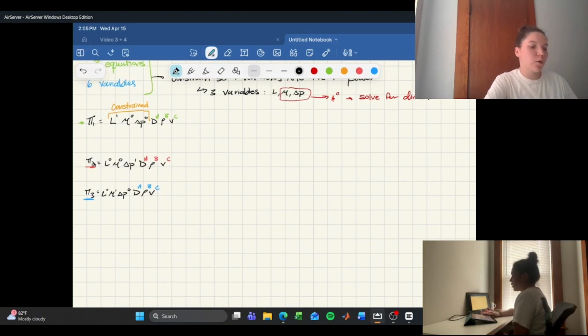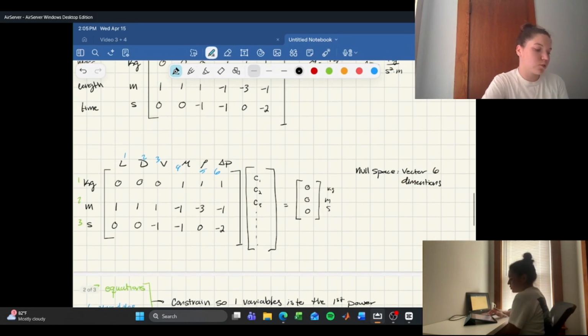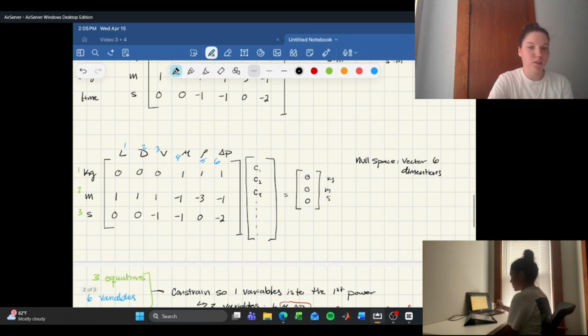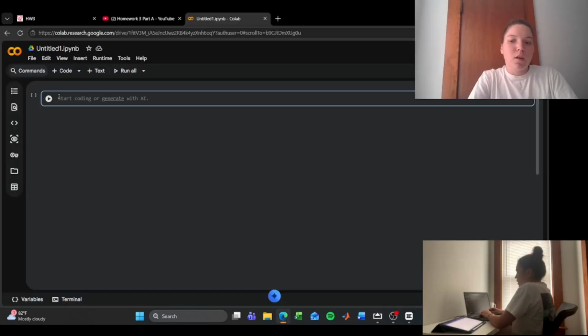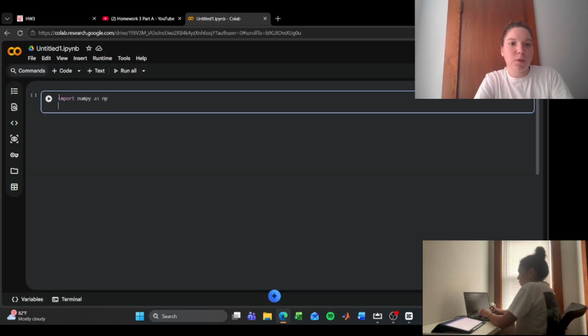So now I'm going to go over to Python to show how we can actually use the null space to get these dimensionless numbers. Okay, so to start off with this code, let's import numpy as np and import scipy as sp.